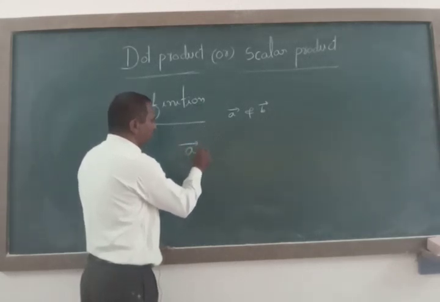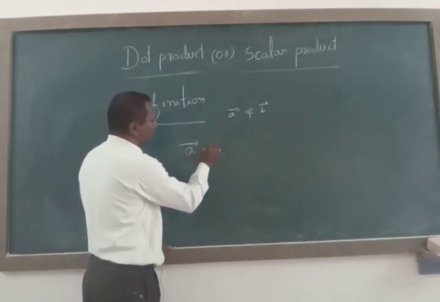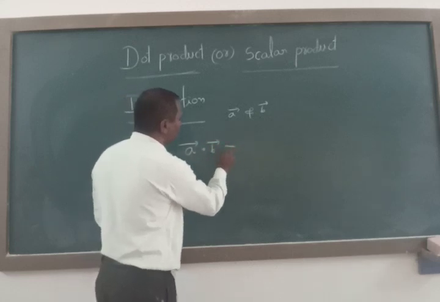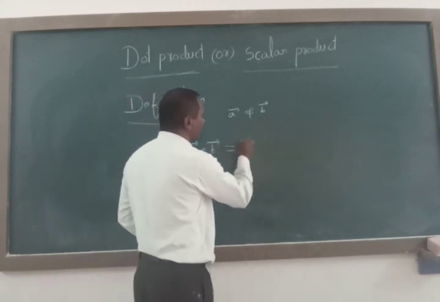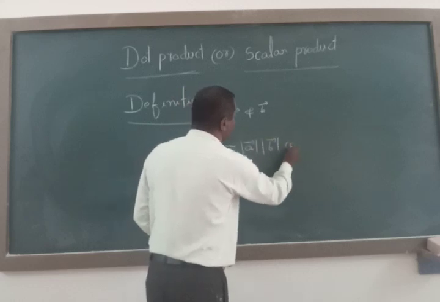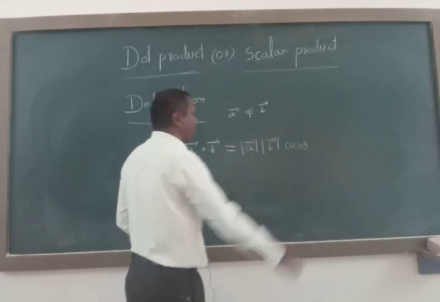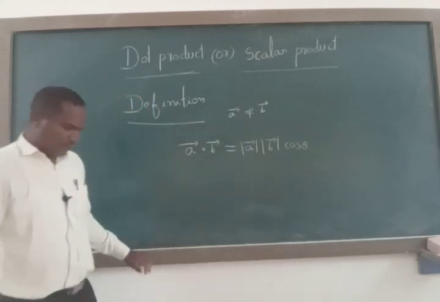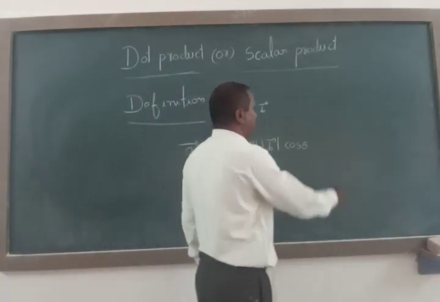A bar dot B bar, dot meaning a small point, is equal to the magnitude of A bar into the magnitude of B bar into cos theta, where theta is the angle between the two vectors.